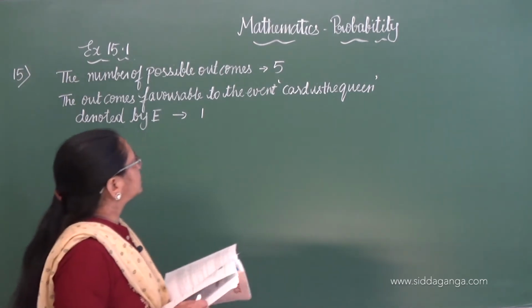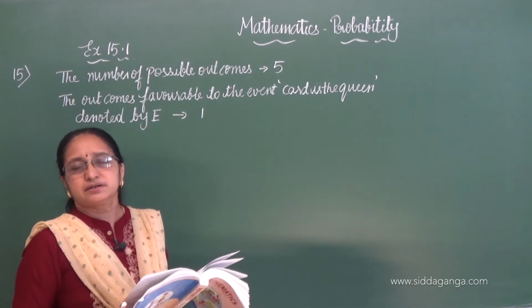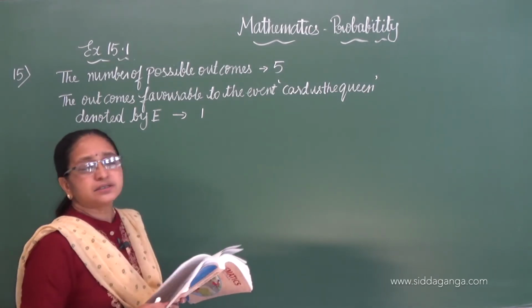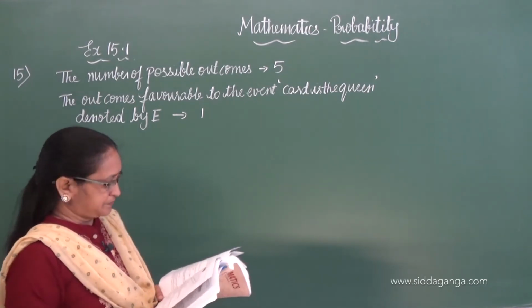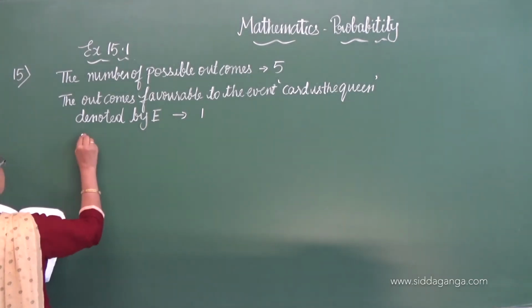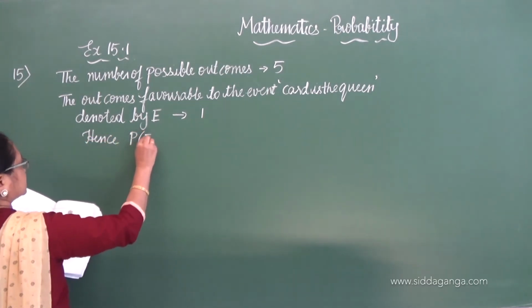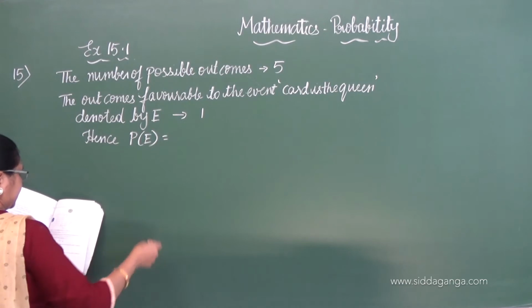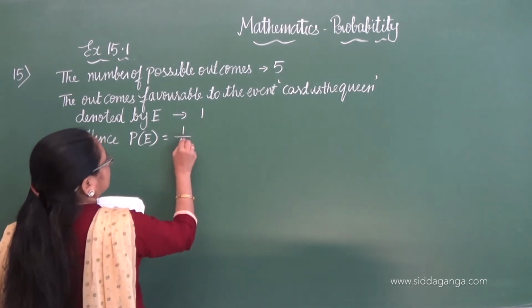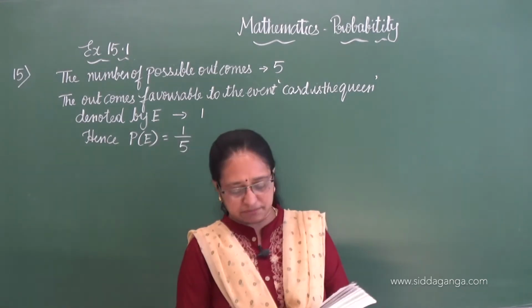Therefore, the number of outcomes favorable to the event, that is getting the Queen card, is only 1. Hence P of E, that is the probability of that event, will be 1 by 5. You have to write all these statements.